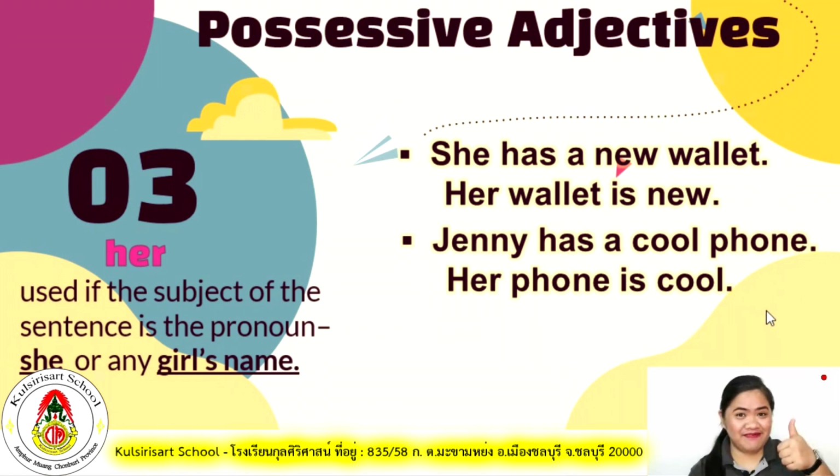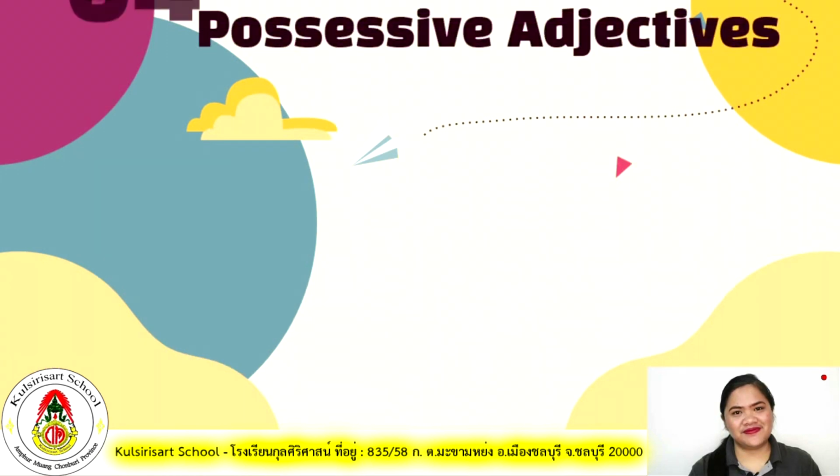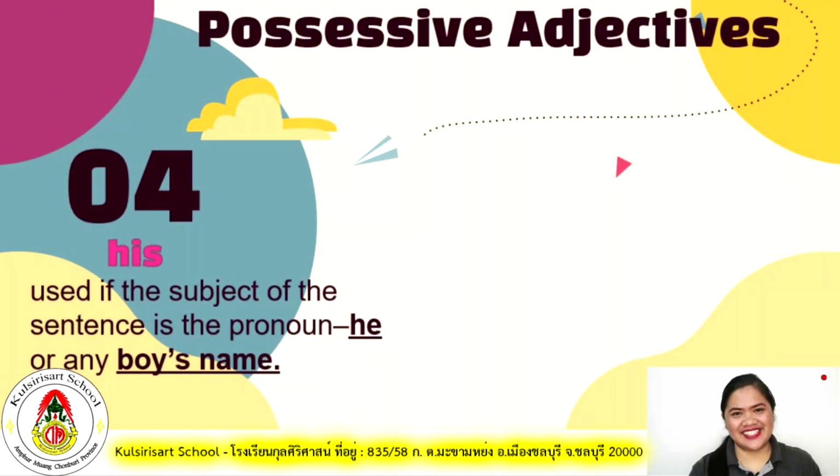Did you get it? So, let's proceed to the fourth possessive adjective, which is the his. Again, what is the fourth possessive adjective? His. Okay? Used if the subject of the sentence is the pronoun he. A while ago, we talked about her.